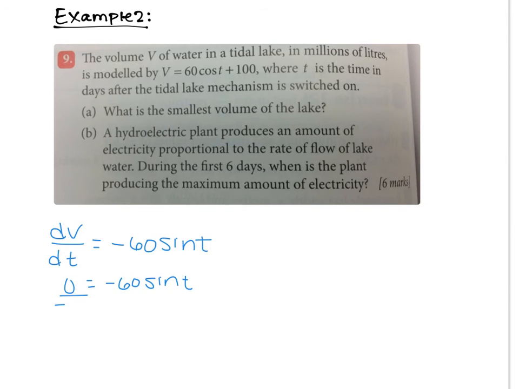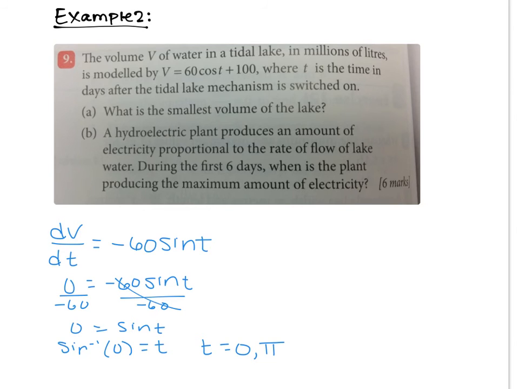And when we divide by negative 60 on both sides, we still get 0 equals sine of t. So that asks us, well, when is sine equal to 0? And that is going to be at 0 and at pi and then at 2 pi and so on.